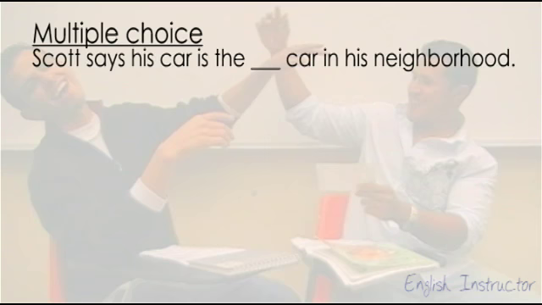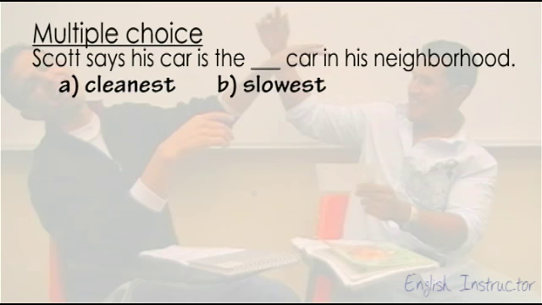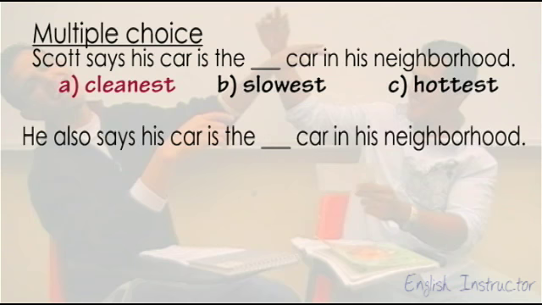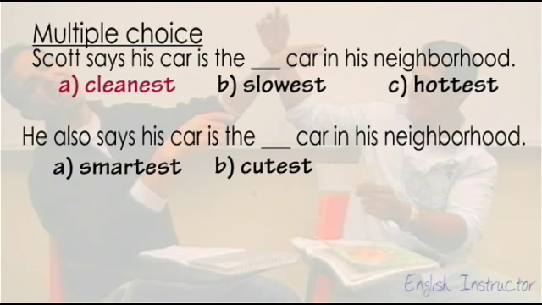Now let's answer some multiple choice. Scott says his car is the A. cleanest car in his neighborhood, B. the slowest car in his neighborhood, or C. the hottest car in his neighborhood. A. the cleanest car in his neighborhood. He also says his car is the A. smartest car in his neighborhood, B. the cutest car in his neighborhood, or C. the most expensive car in his neighborhood.